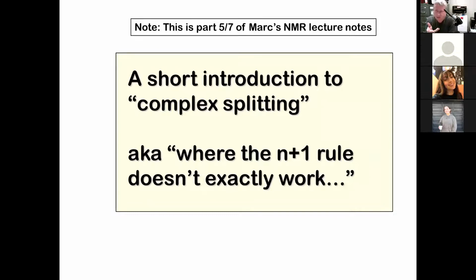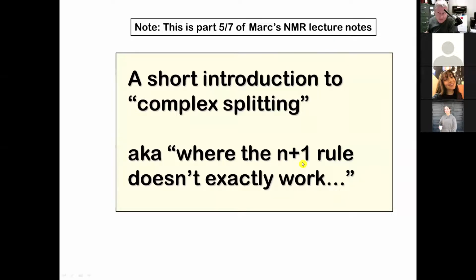The other thing begins with the letters C and S. Splitting was the third one. The second one we learned was chemical shift, and that was where the signal is on the spectrum. We're going to get better at recognizing where those things are. And then the third one was splitting, and splitting was a thing called the n+1 rule.